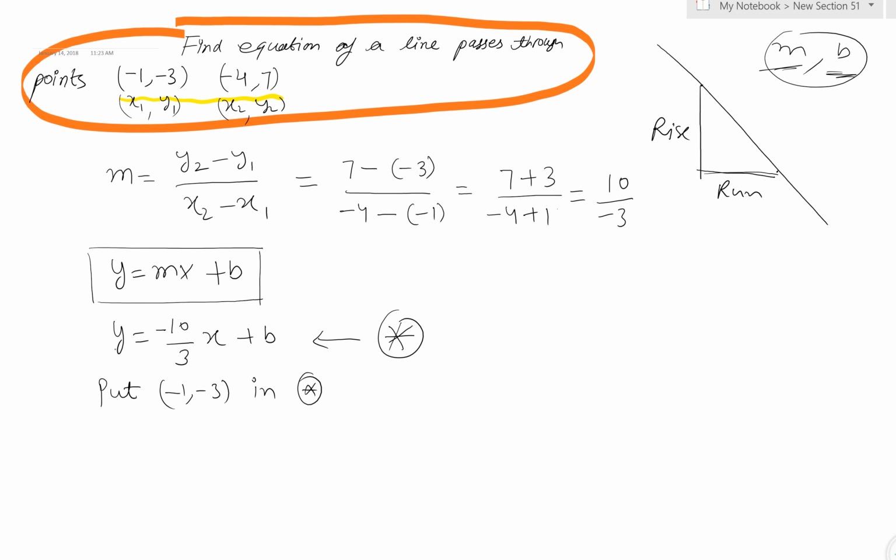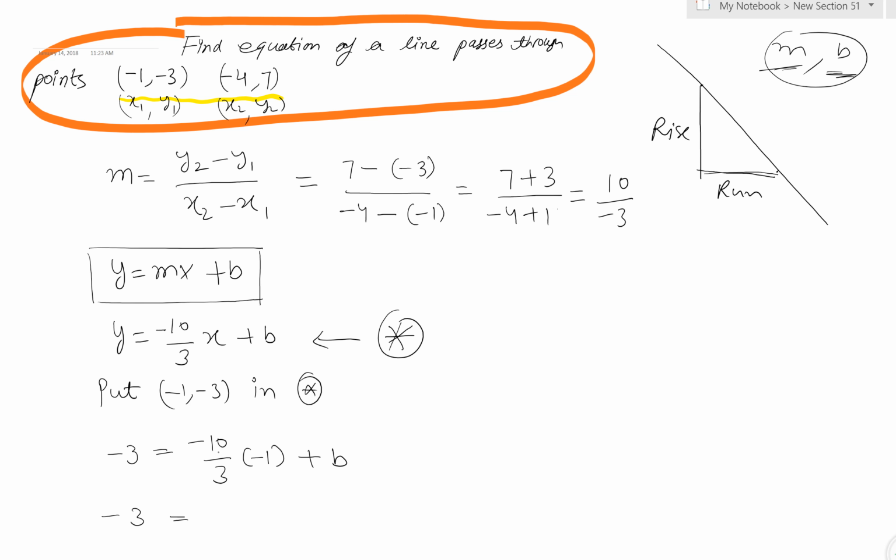My y value is -3, so I put -3 equals -10 divided by 3, and my x value is -1, so I write -1, and I write b, which I don't know.